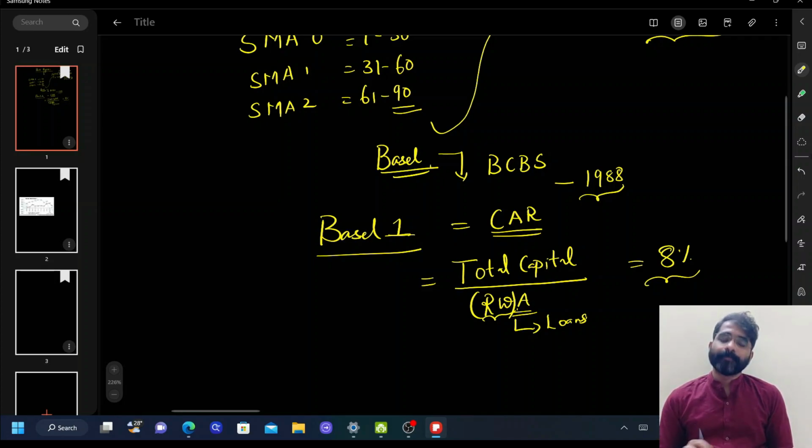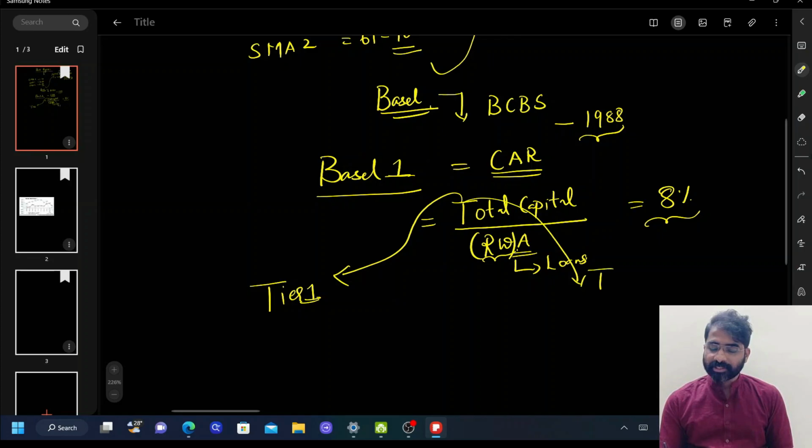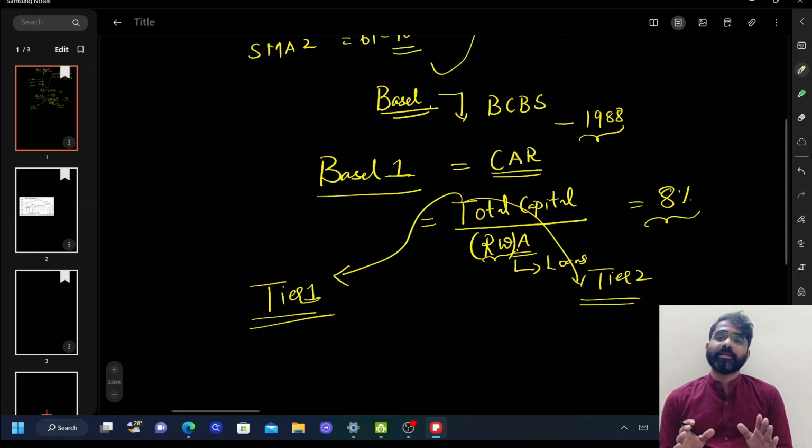Now the question comes up, this total capital can be divided into, one is the tier 1 capital, which is the good capital which the bank is holding, and another one is the tier 2 capital. This becomes important. Why does this become important? Because tier 1 capital is the liquid capital, or the good capital.